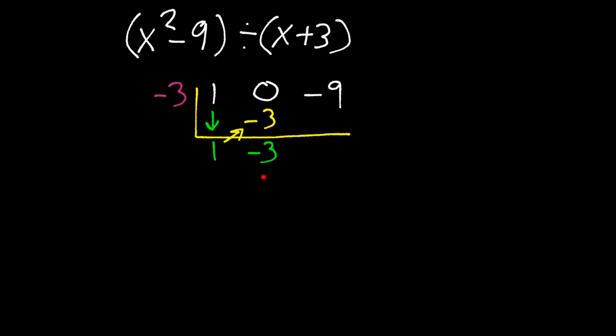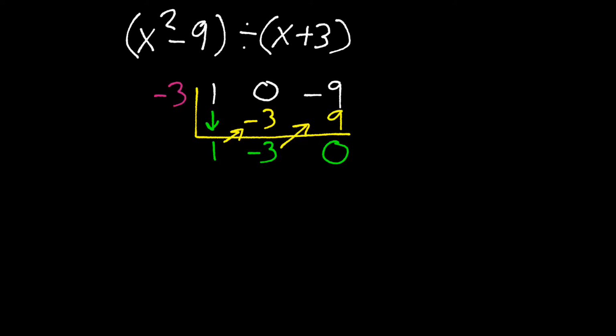And then multiply negative 3 times negative 3, which is positive 9. And negative 9 plus positive 9 gives me 0. So what we see here for the first time in these examples is my remainder is 0. This divided out evenly.